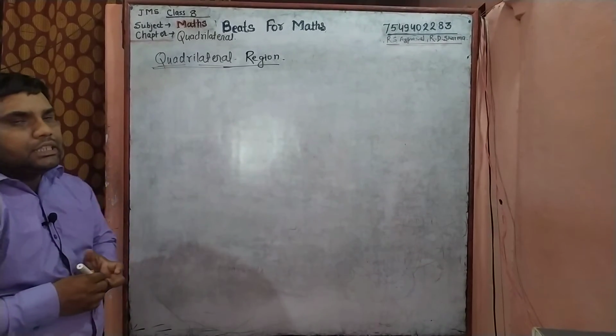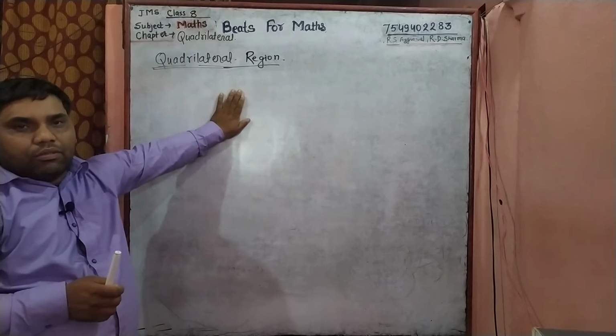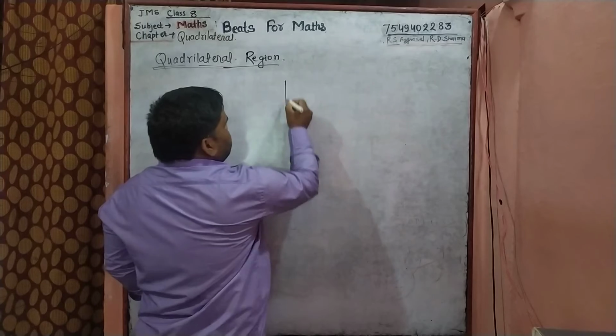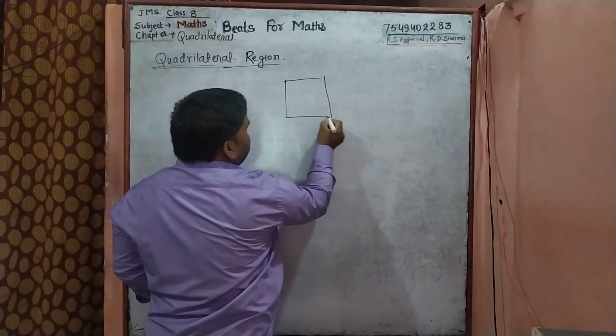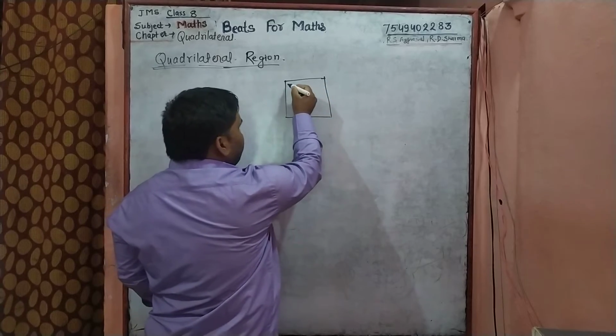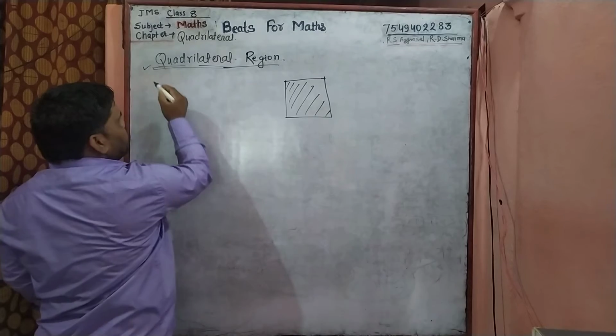Hi student, next we are going to understand the quadrilateral region. What is a quadrilateral region? See, this is a quadrilateral, and this boundary along with this interior portion is called the quadrilateral region.